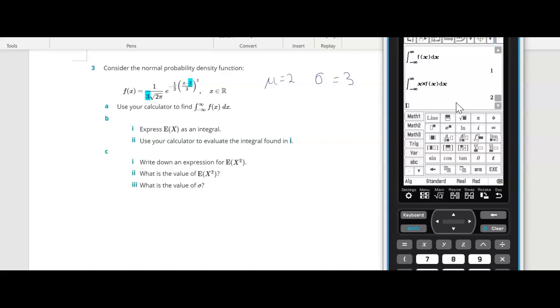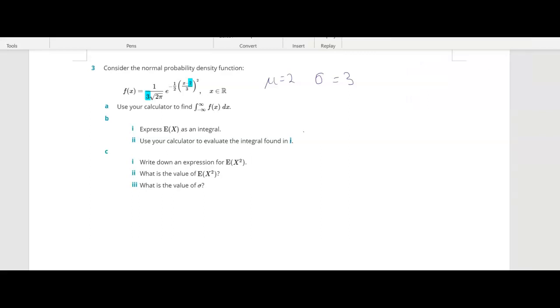Okay, so maybe I'll just write that down for the benefit of those who would like to write it down. So let's let f of x equal, so on CAS, and then we're doing f of x dx, and then we should get 1.